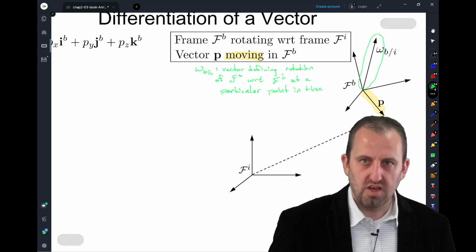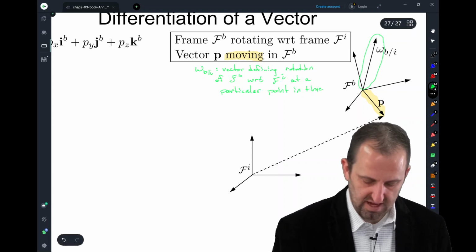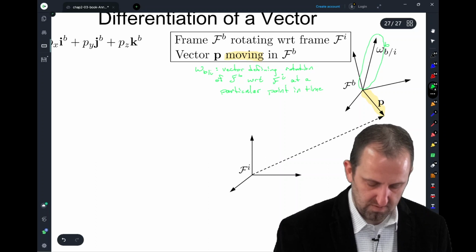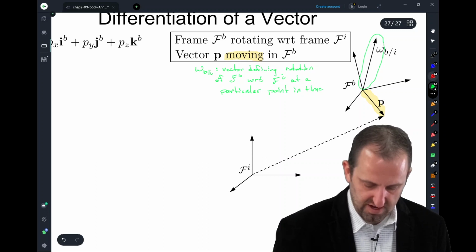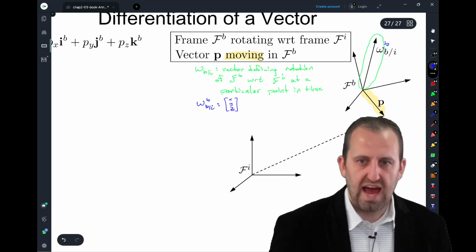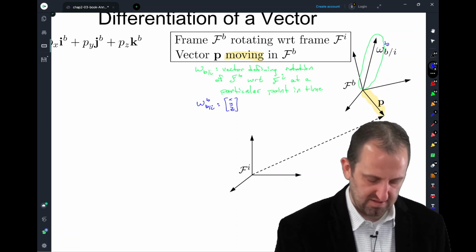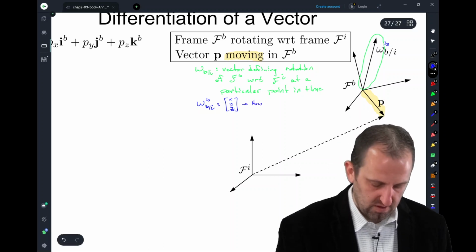Okay, so if we were to define it, say in the body frame, which would be its most natural way to be defined, then if we did omega b sub I in the body frame, this would tell us we'd have an X component, a Y component, and a Z component, so how we're instantaneously rotating about each one of the axes.